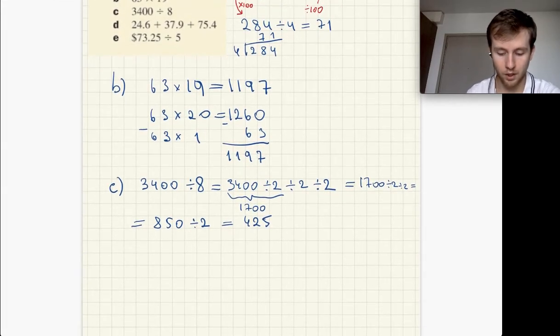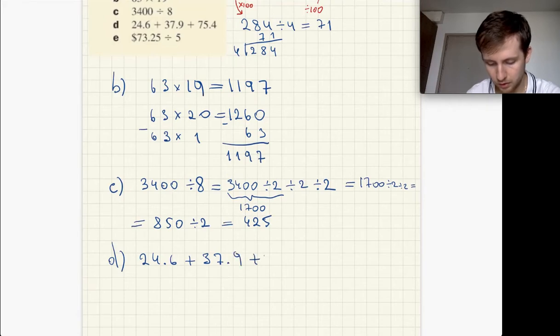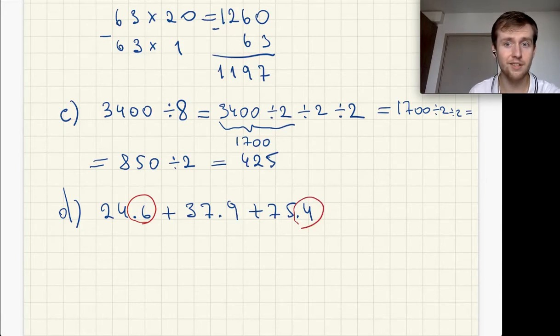Next, okay, this is also where we can use a mental strategy, which is called grouping different numbers. Plus 37.9 plus 75.4. So what we can do is group this and this together. 0.6 and 0.4 together they make 1.